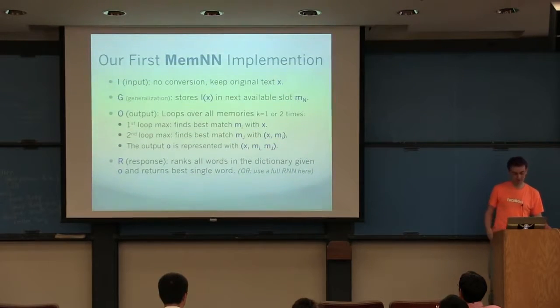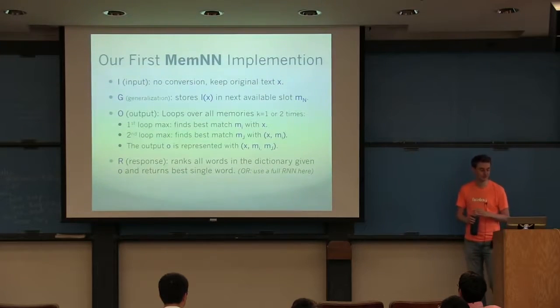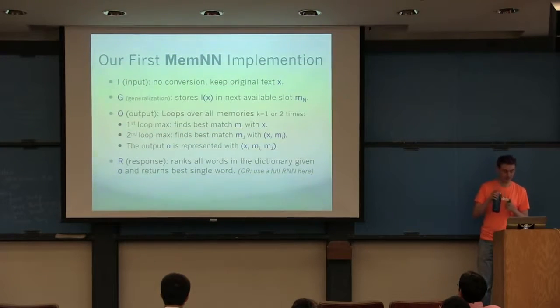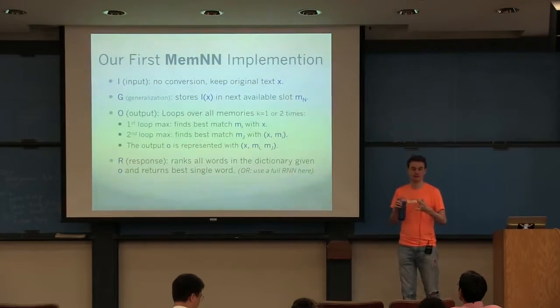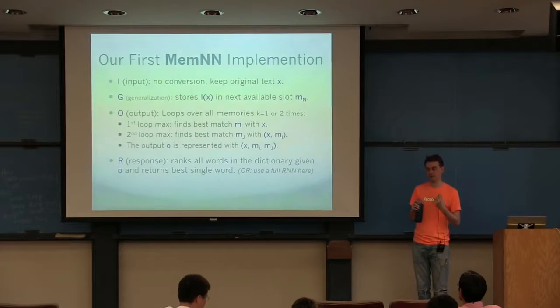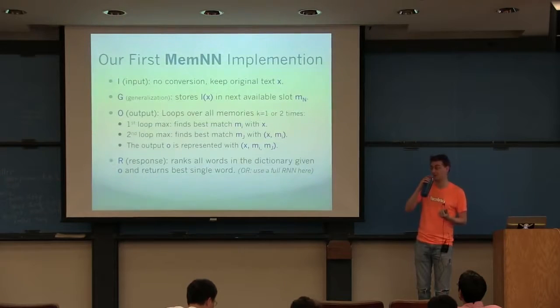So our first memory network implementation is going to be super simple. It has these I, G, O, and R components, but we try to make them the absolute essence, the simplest we can, that can still give interesting results.